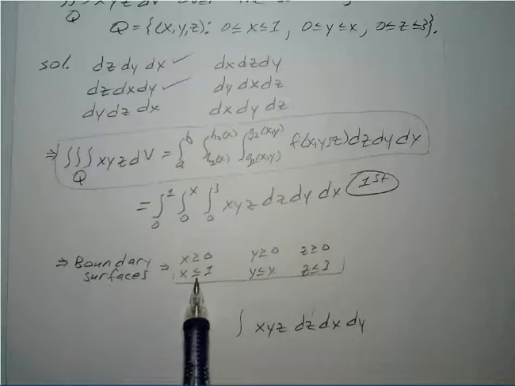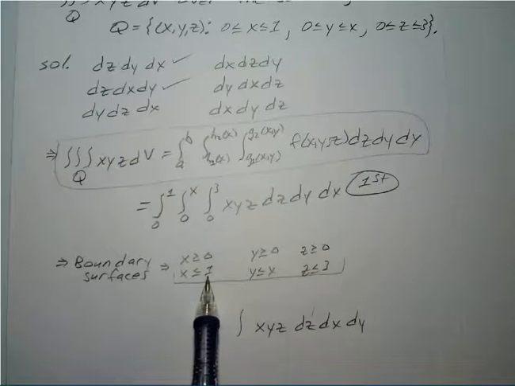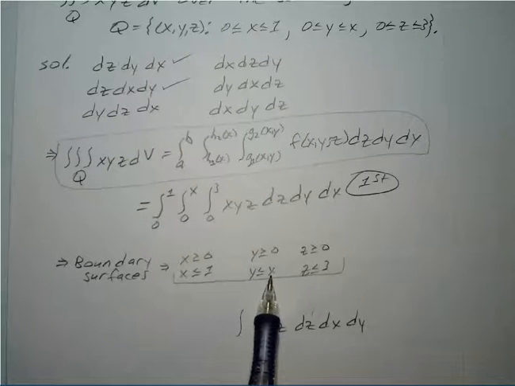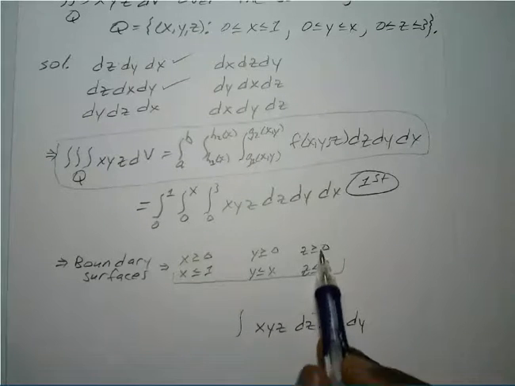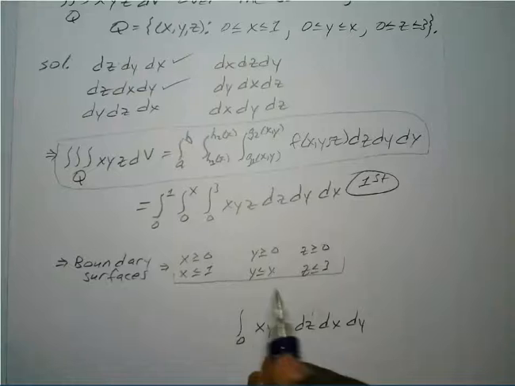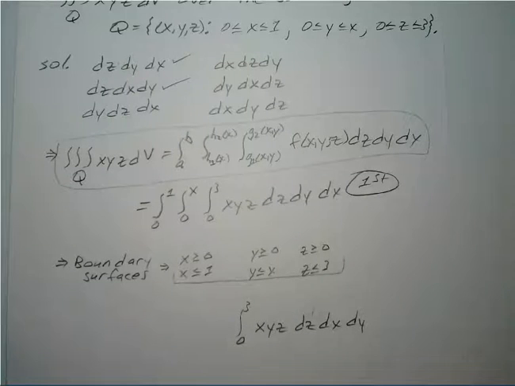We see here that x is less than or equal to 1, but y is less than or equal to x. If we start on the inside, our z boundaries are just constants, so you can take that from 0 to 3. But remember, when you plug in your x value, you want to still have a y variable left, even if that y variable is a constant.